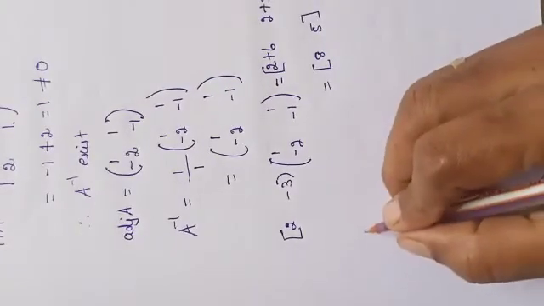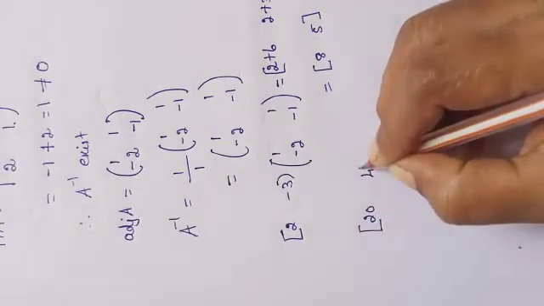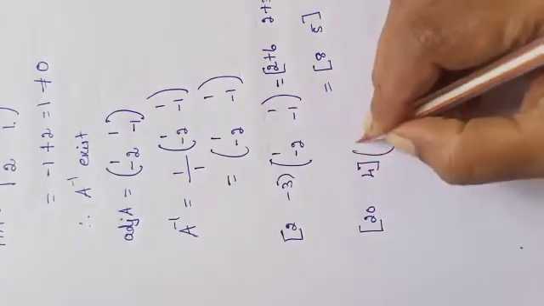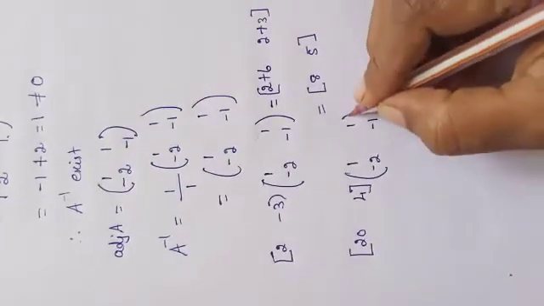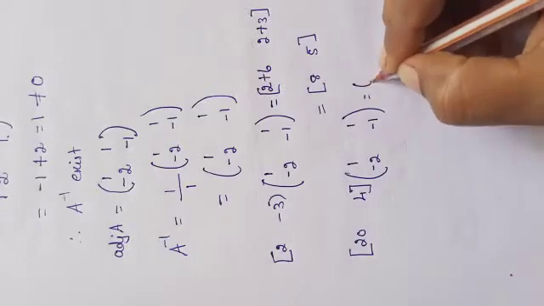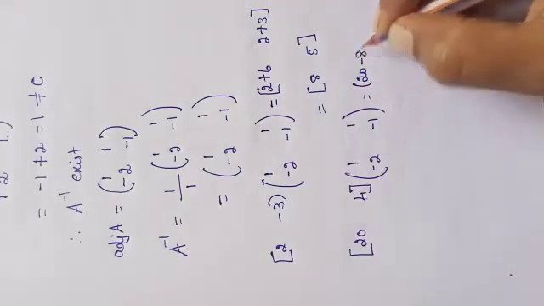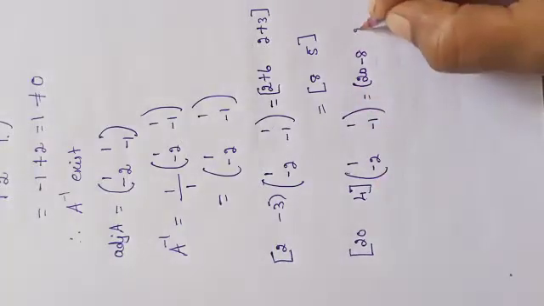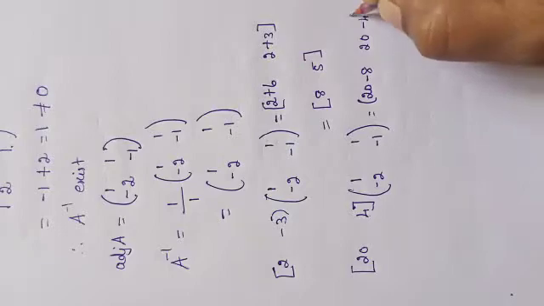The next coded message given is 20 and 4. The inverse matrix is [1, 1; minus 2, minus 1]. Same way, multiply it: 20 into 1 is 20, 4 into minus 2 is minus 8. 20 into 1 is 20, 4 into minus 1 is minus 4.